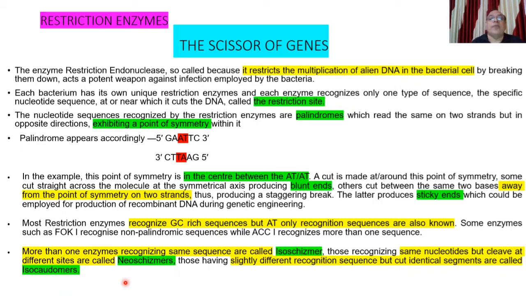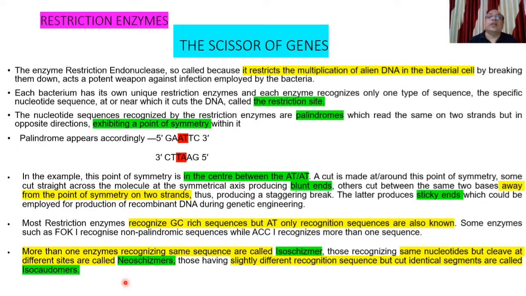Another type of enzyme is what way is it cutting? So neoschizomers have the same recognition segment but different types of product, and here the different recognition segment but having the same cut products.